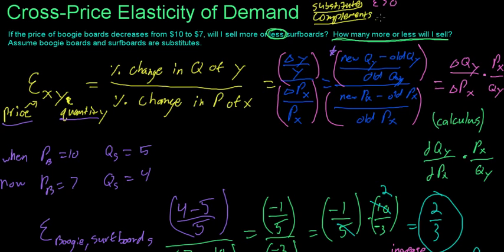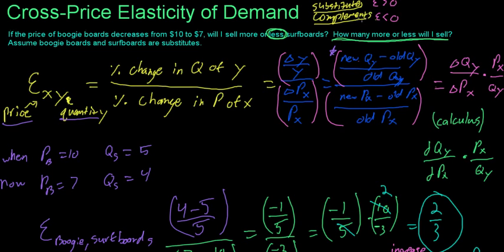And complements have a cross-price elasticity that is less than 0. And that should make sense intuitively, even though this is a lot to cover all at once. For substitutes, if the price of a substitute drops, the quantity of the good you're selling should drop. And if the price goes up, then the quantity that you sell should go up because you're competing. And complements work the other way around.